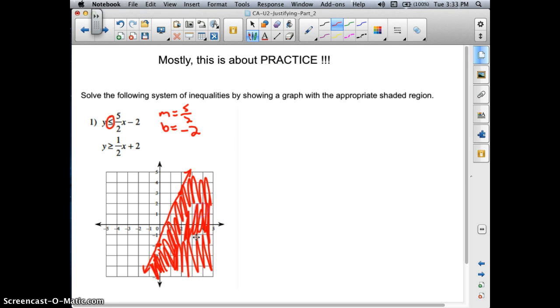All right, I'm going to use a different color for the second one. And again, I'm looking at this equation. I know to graph an inequality, I need slope and y-intercept. The slope in this case is 1/2, and the y-intercept is +2.